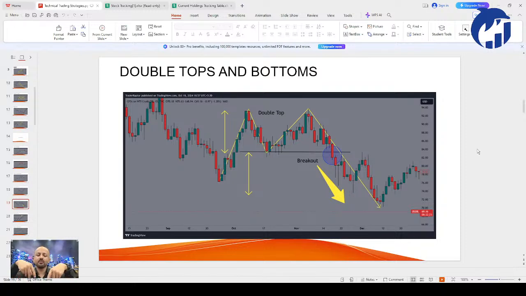So double top basically means you have two tops, like two mountain tops, and the base of the mountain top, you can see the black line, correct? That acts as a neckline. The moment price closes below that, that is when people consider the double top to be initiated, to have formed.